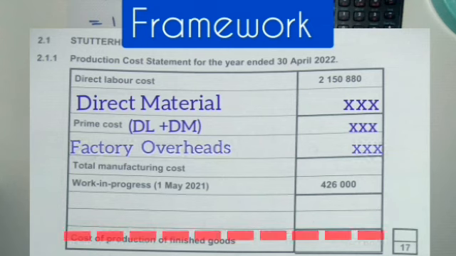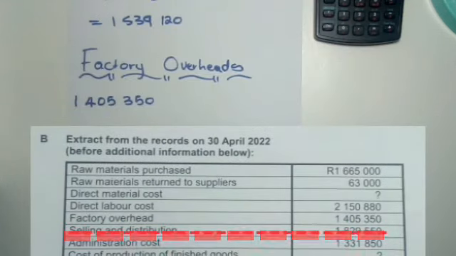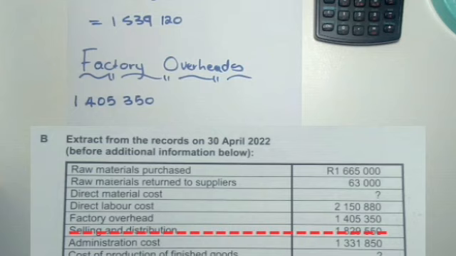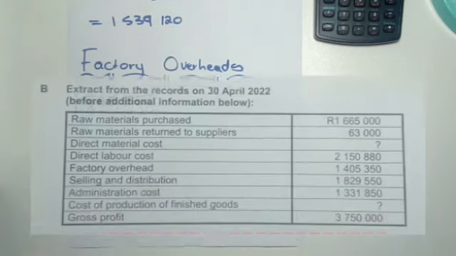The next line item after prime cost is factory overhead cost, and in our information B, they have given us factory overheads as 1,405,350, and we are just going to use our additional information C in order to adjust it.